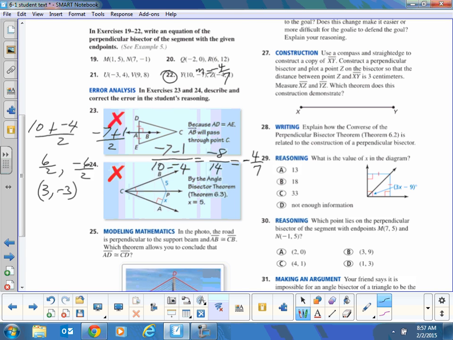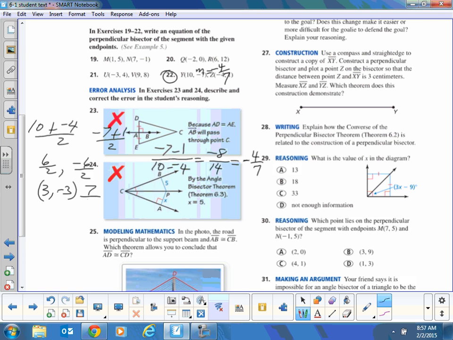So what slope do I want? Negative 4 sevenths times what is negative 1? Well, you can write it out and find it, but it's just easy to think about the negative reciprocal. 7/4, that's right. Change the sign and flip it over.